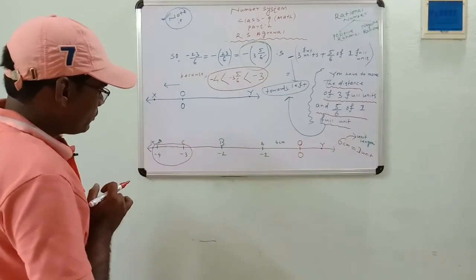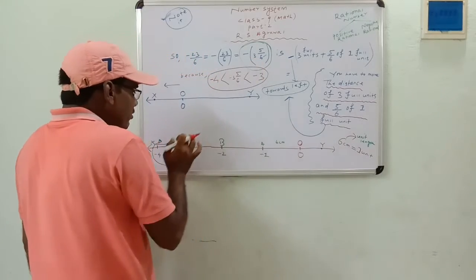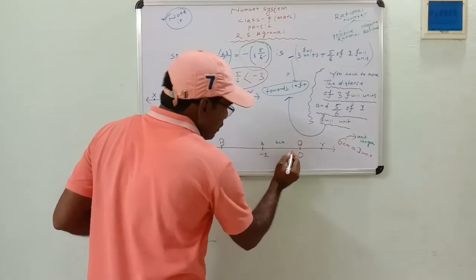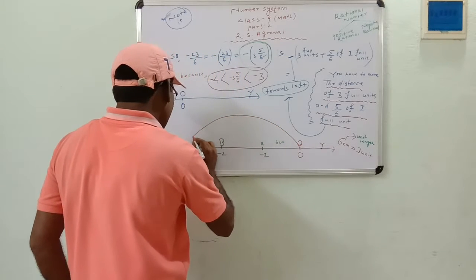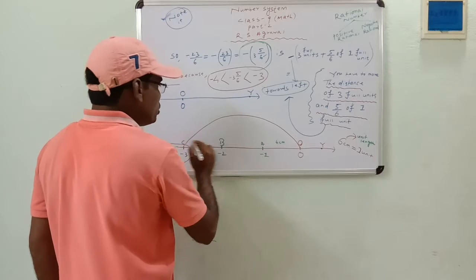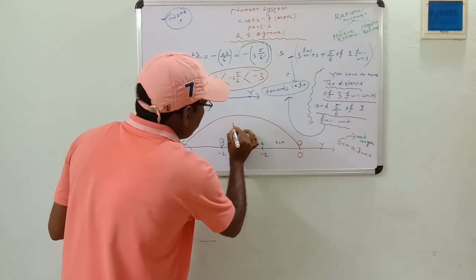Therefore, to represent minus 3 full 5 by 6 on the number line, first you have to cover from 0 to C, this distance, which is equal to 3 full units.